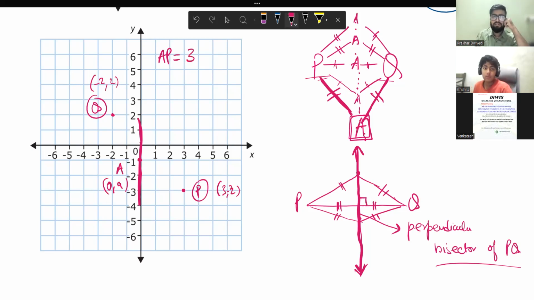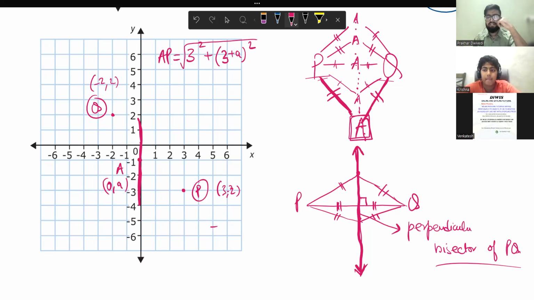AP will be the root of 3 squared plus (2 minus a) squared, and AQ is the root of 3 squared plus (2 plus a) squared.